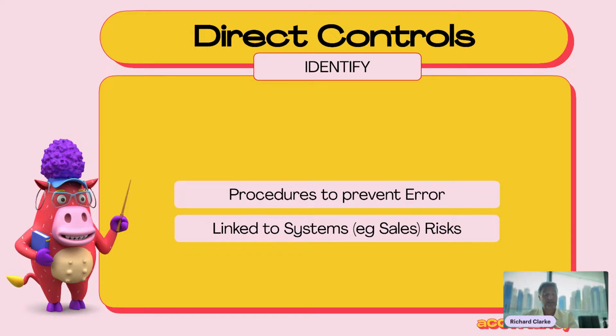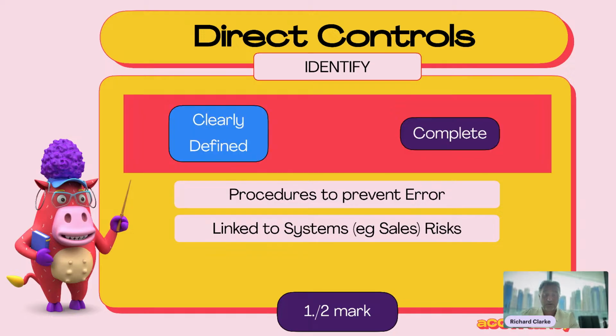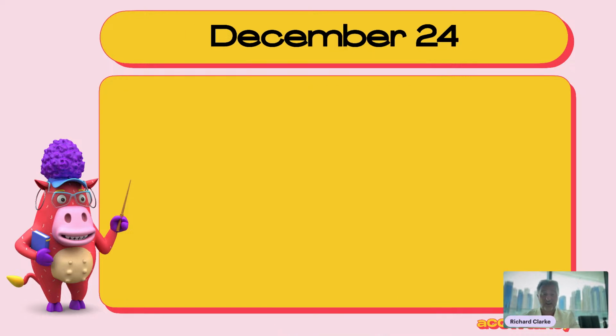So it could be part of sales systems, purchasing system, payroll system, not solar system, but you know what I mean. So this question is going to be about sales systems. It's really easy. And the examiner makes the point that it's half a mark for identification, but make sure that the direct control is clearly defined and complete, and we'll see what that really is. So let's go straight to the question.